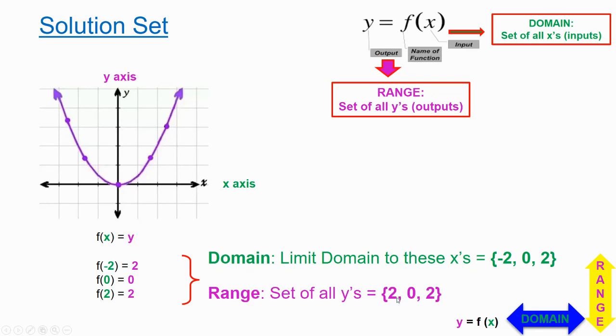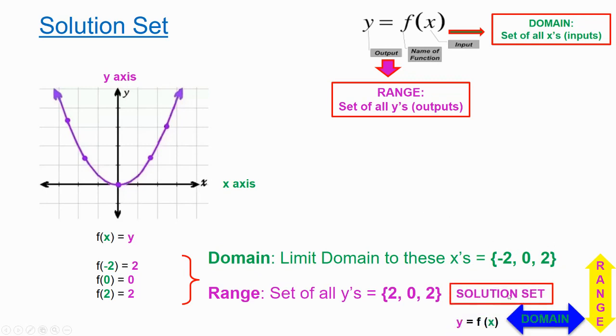Your answer should also be just 2 and 0, right? I repeated this, and that's still okay, but just to be strict about it, you should just put 2 and 0.